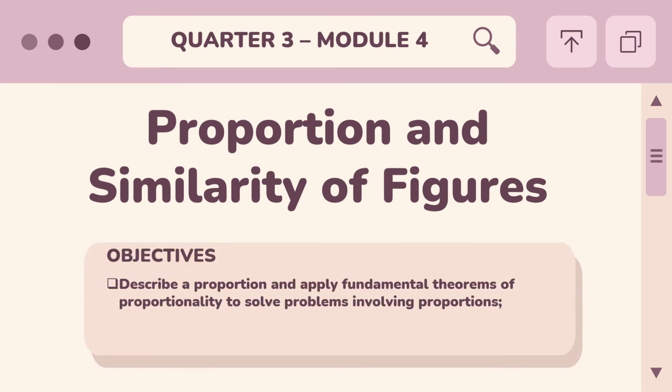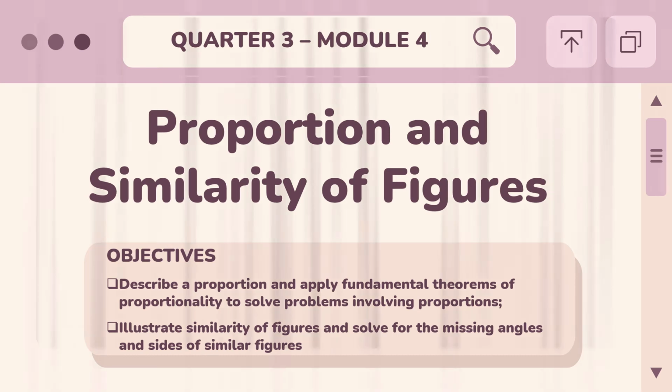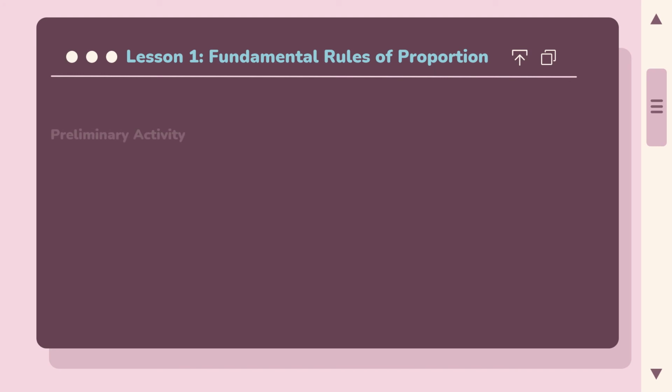First, to describe a proportion and apply fundamental theorems of proportionality to solve problems involving proportions. And the second objective is to illustrate similarity of figures and solve for the missing angles and sides of similar figures. So to start this video lesson, we have lesson number 1 on fundamental rules of proportion.